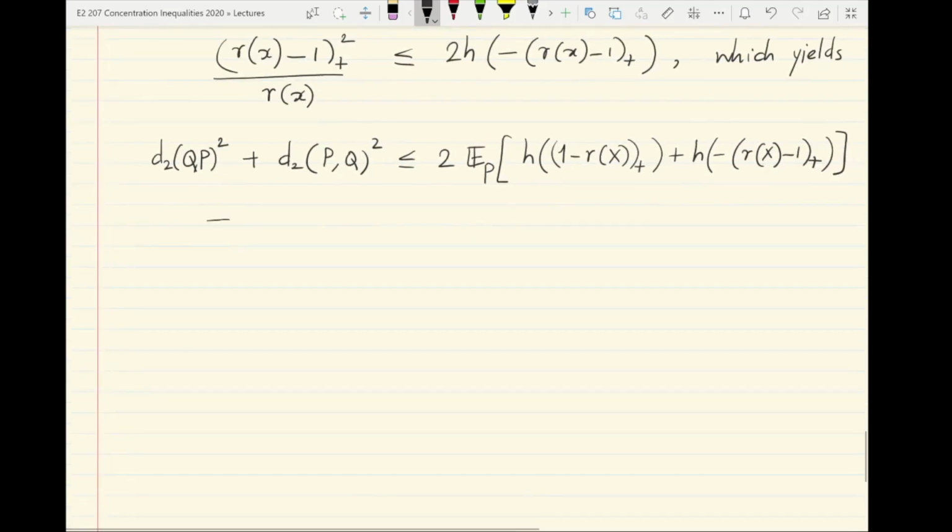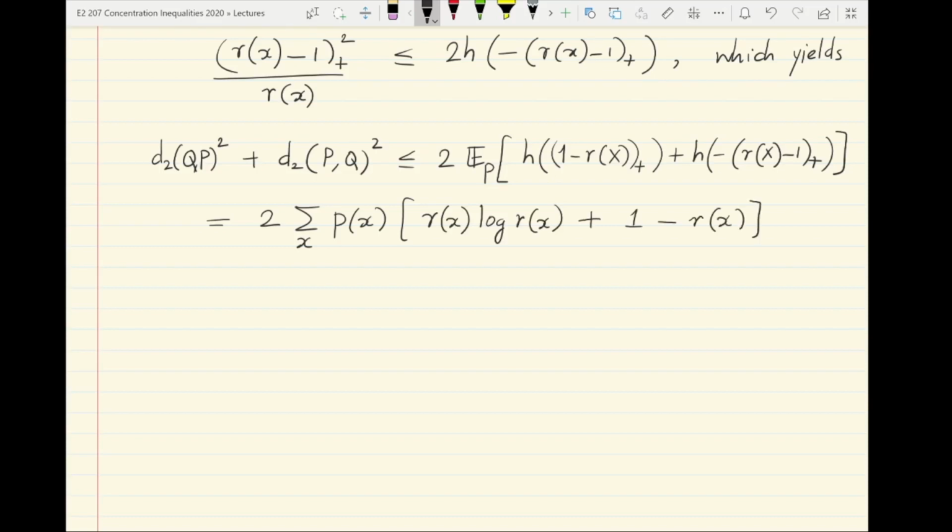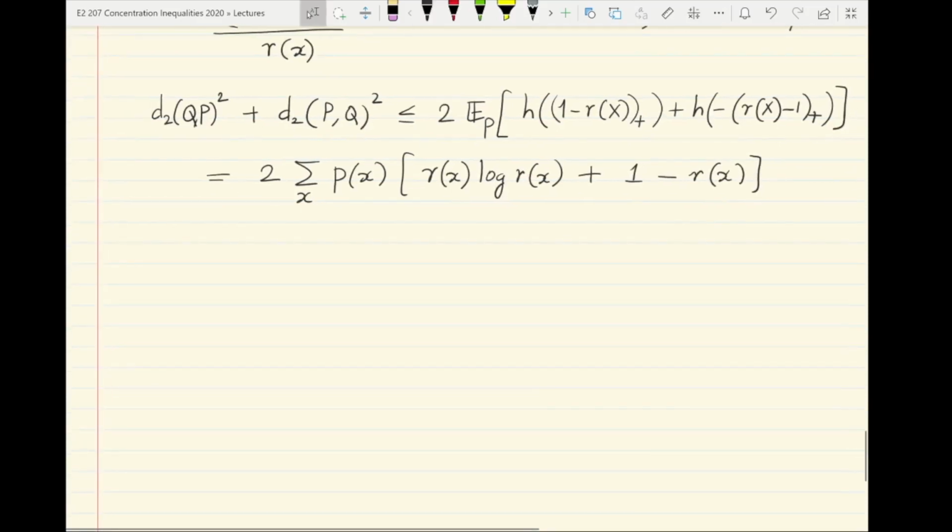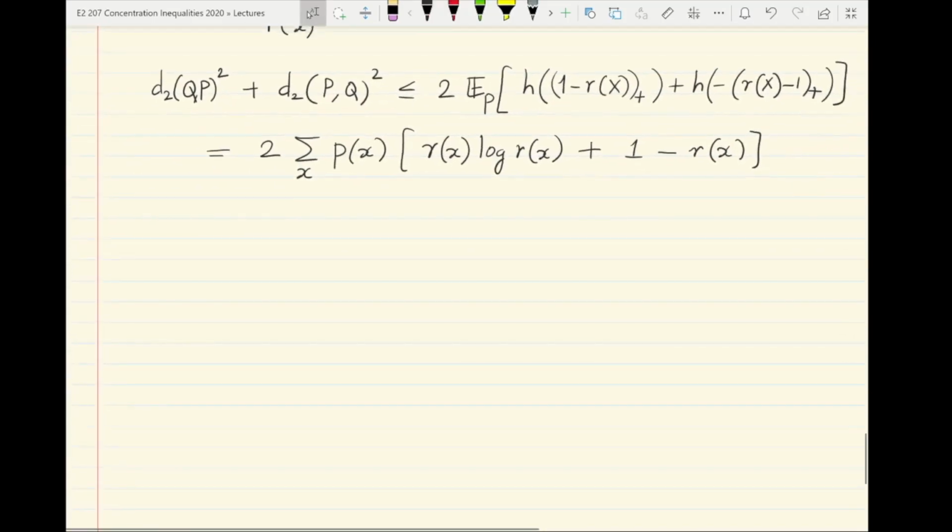And this, if you write out explicitly, turns out to be exactly the sum over all x of p(x) times the expectation under p of r(x) log r(x) plus 1 minus r(x). Okay, so the second term just becomes 0 because it's the sum of p(x), which is 1, minus the sum of q(x), which is again 1. So 1 minus 1 cancels out, and what remains is just twice the KL divergence between q and p.